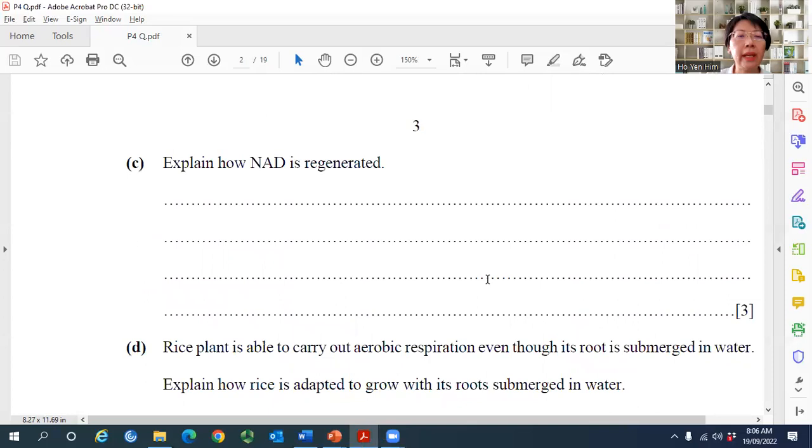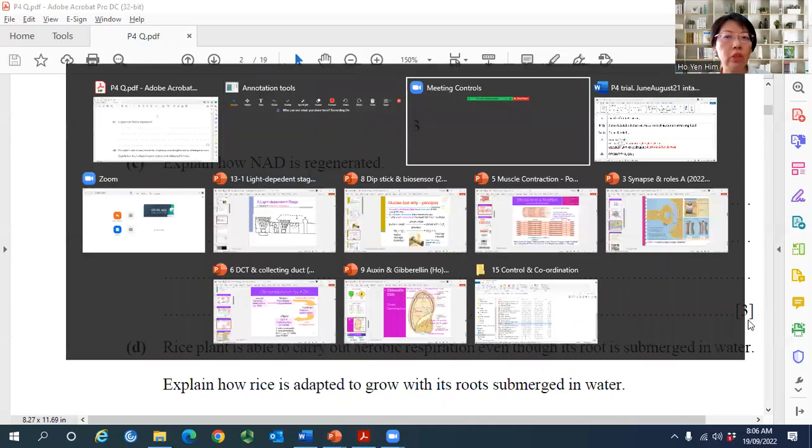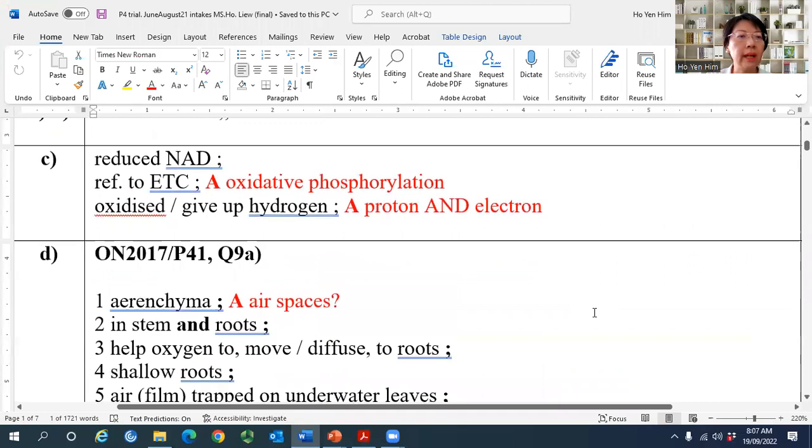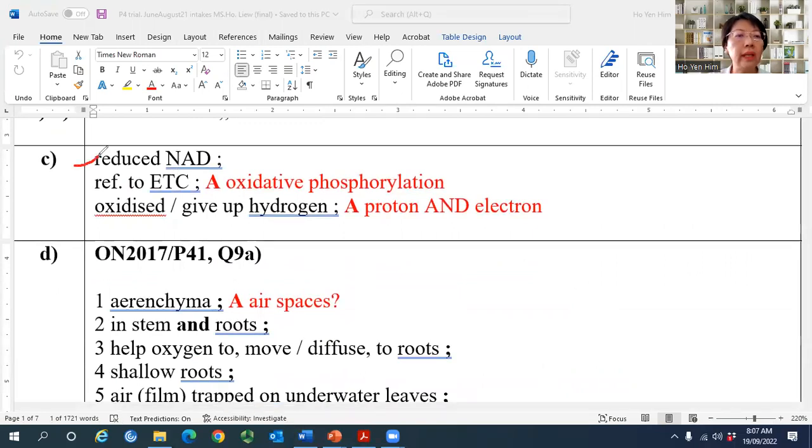Explain how NAD is regenerated. 3 marks. How NAD is regenerated. So let's look at this C. So first, the reduced NAD will have to release its 2 hydrogen atoms to the electron transport chain.